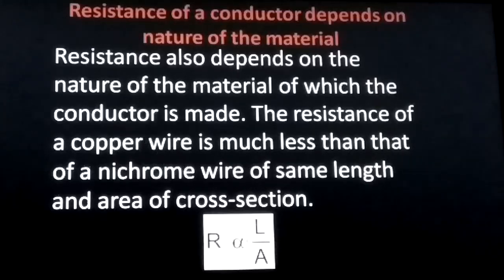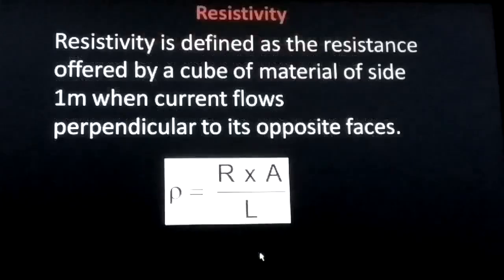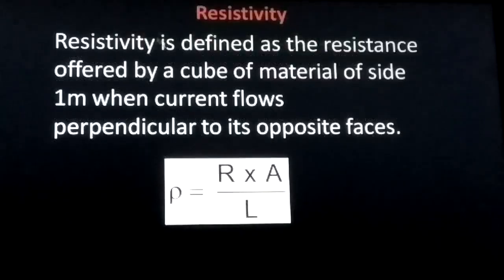So symbolically, R is directly proportional to the length of the conductor and inversely proportional to the area of the cross section of that conductor. Okay, now students, resistivity.